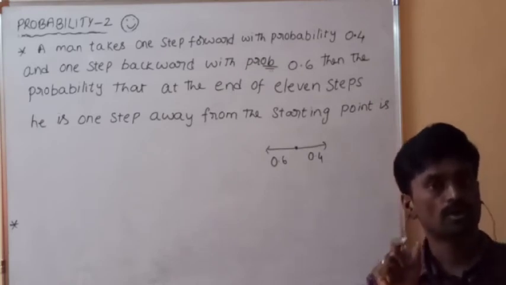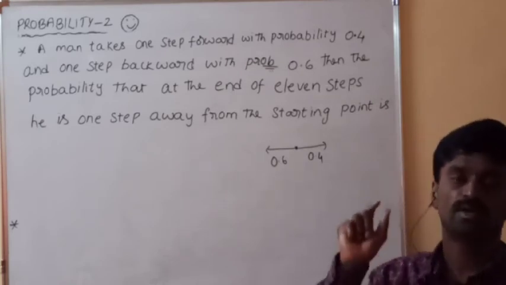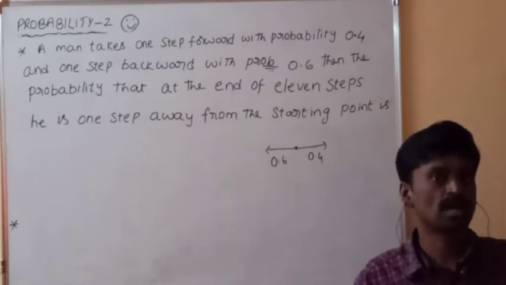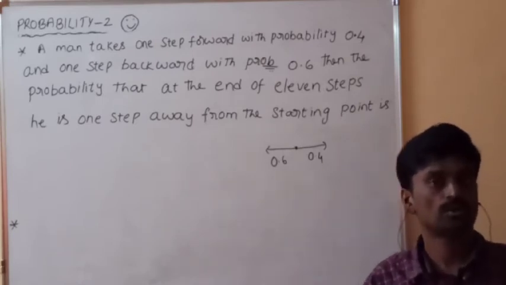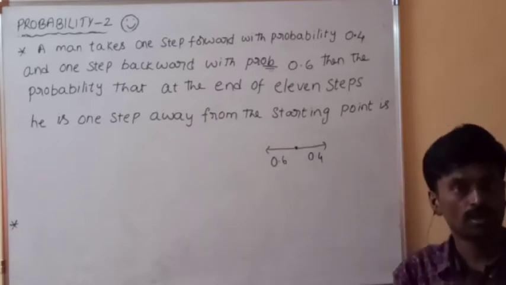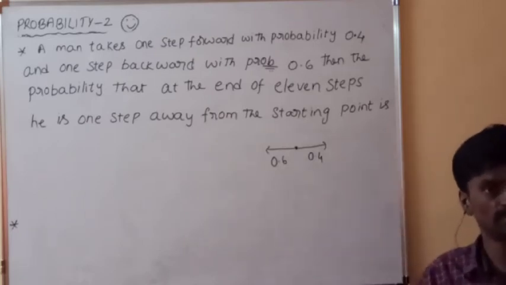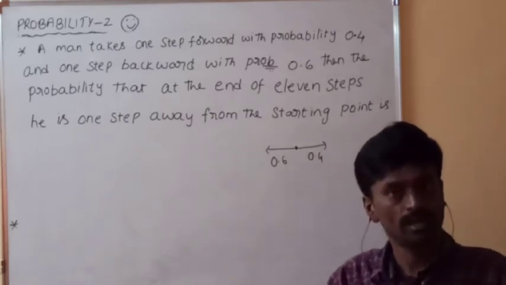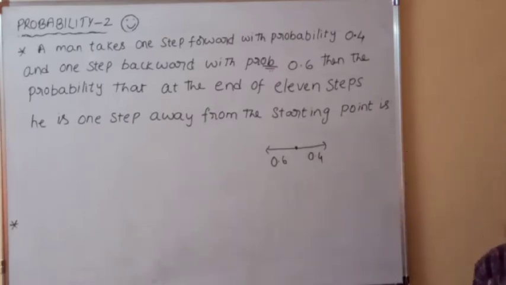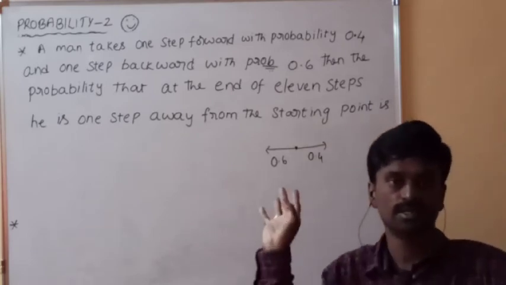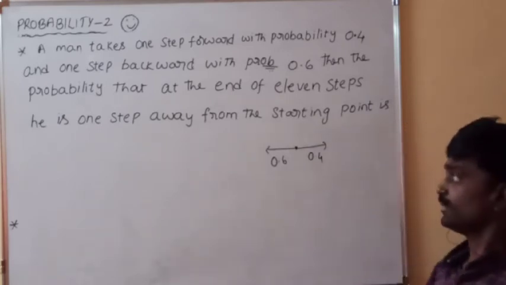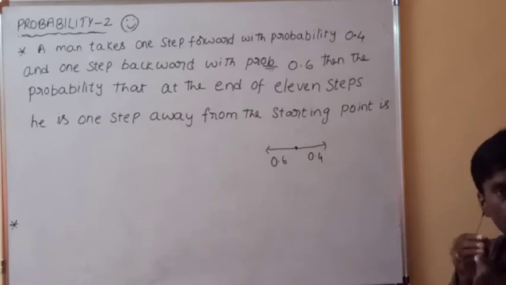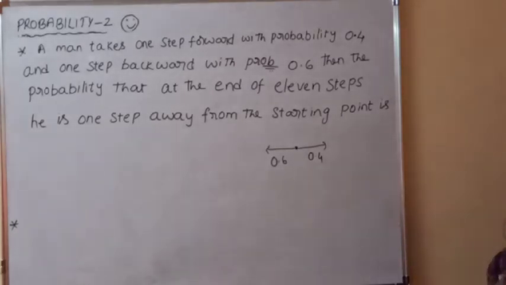So the required probability, after completion of 11 steps, when he is one step away from the starting point, is the probability of one step forward from the initial point plus the probability of one step backward from the starting point. He is moving either one step in the forward direction or one step in the backward direction.